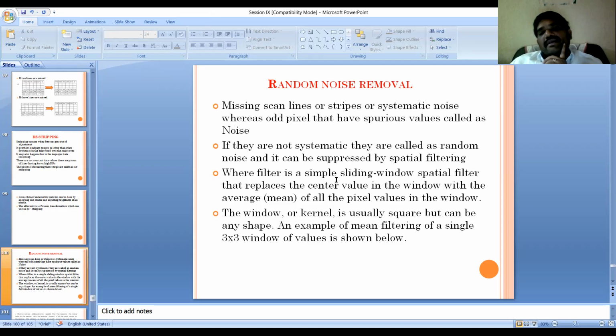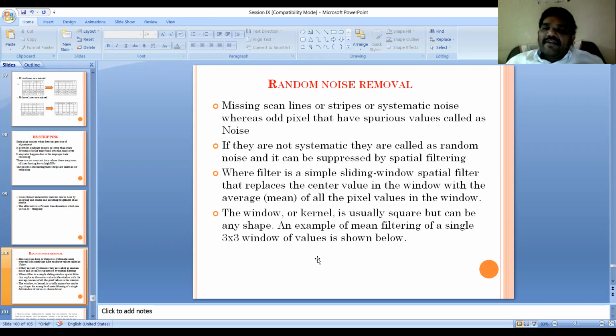In the process of filtering, we can remove those random noises, random here and there. But in destriping, the entire line was missed in the first case. Here, at any one particular point, there is an abnormal digital number that has to be corrected. How can you correct it? Simply by the process of filtering.